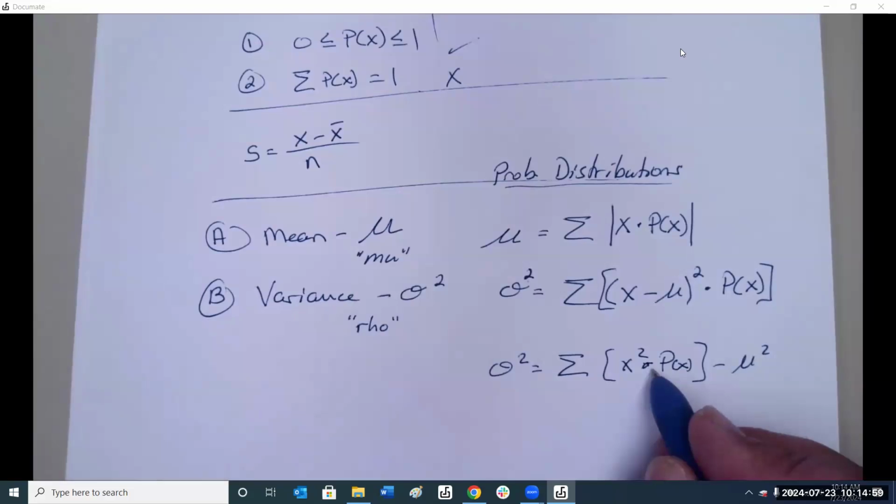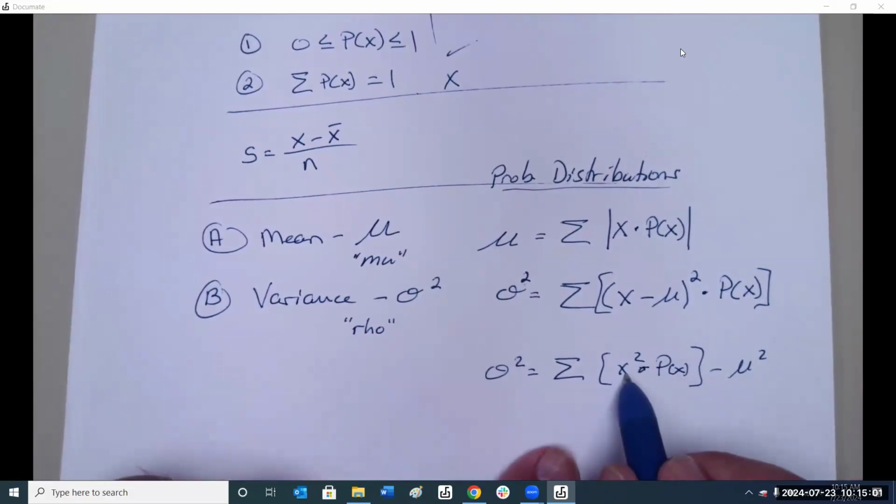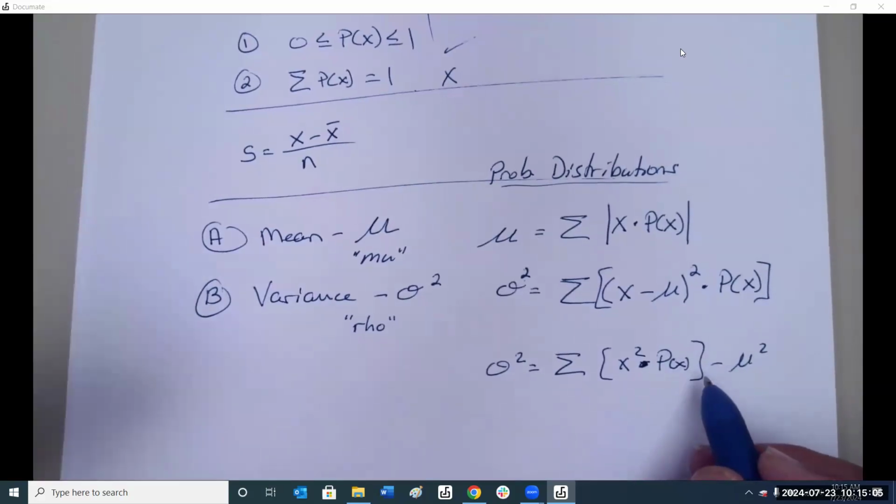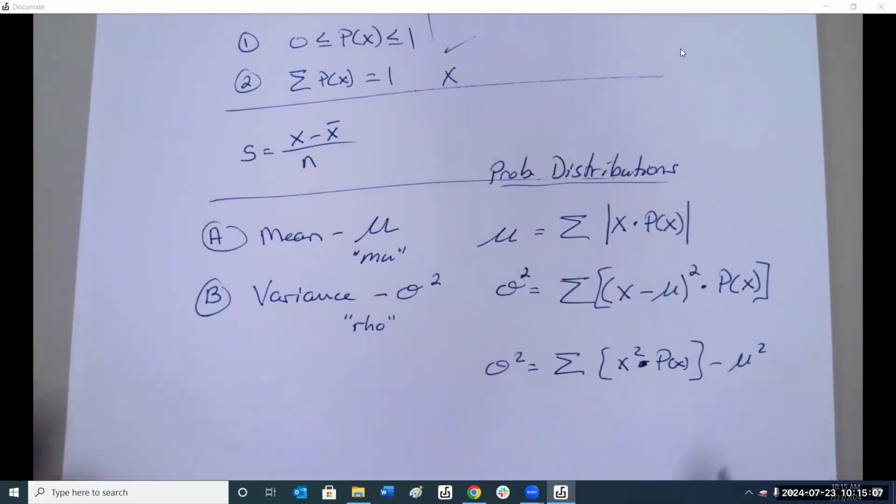So what we're doing here, we can take the x squared, square your value, times the probability, add up all of those and then subtract the mean, squared.